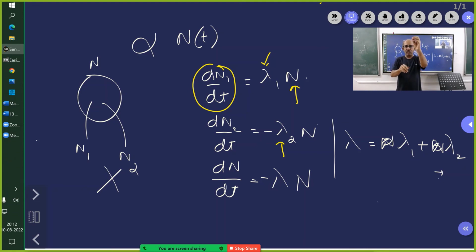At a given instant of time, this nuclide is decaying at lambda 1, and this nuclide of the same thing is decaying with lambda 2. But both these decay processes are dependent upon the total number of nuclides that are present at that instant of time. Understand? So they will not decide which one is going to decay with lambda 1 and which one with lambda 2. Did you get that logic, students? Yes, sir. Okay, fine.